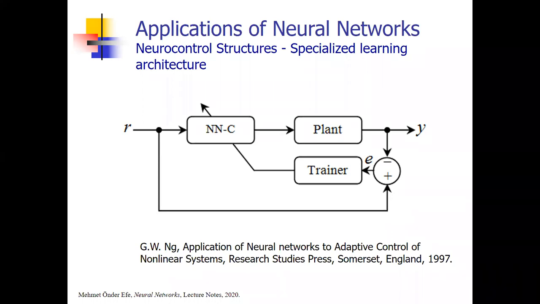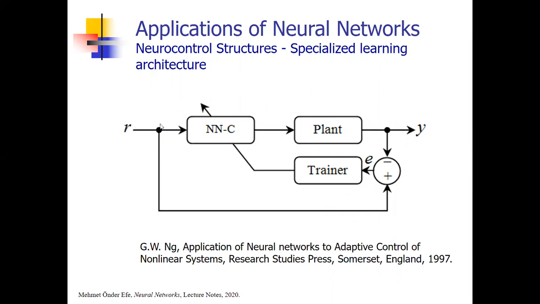Or is it between +50 and +100? If you don't know that, it becomes a problem to train the neural network-based controller properly. If you choose your region incorrectly, then your controller would be the correct controller for an incorrect region. That is why the specialized learning architecture is proposed.